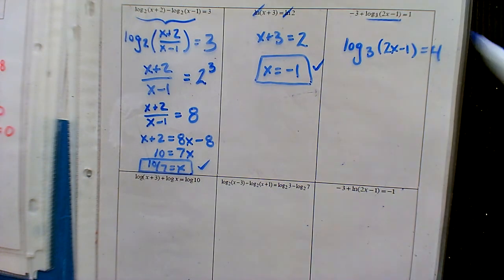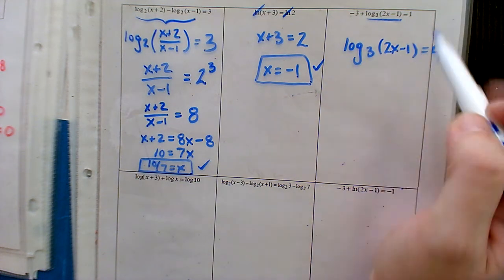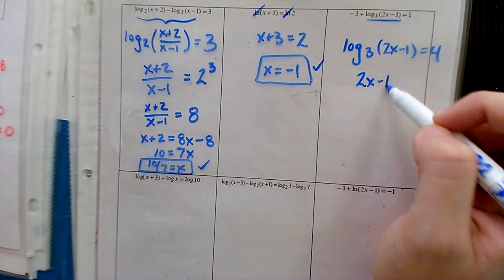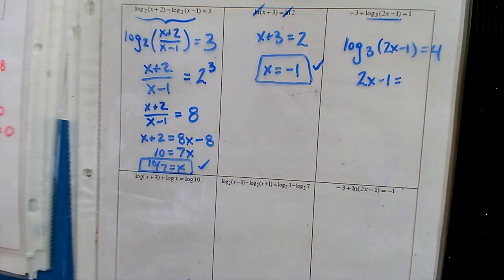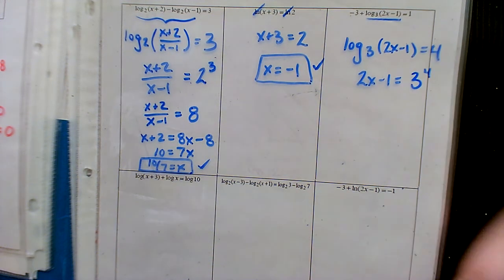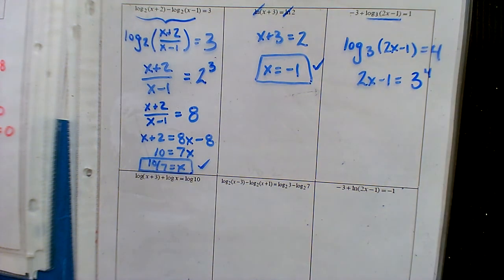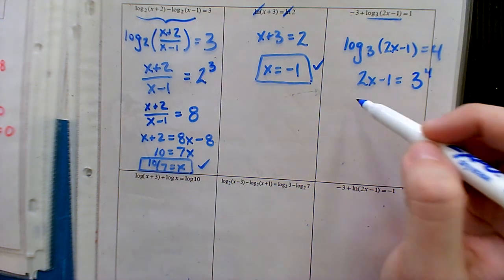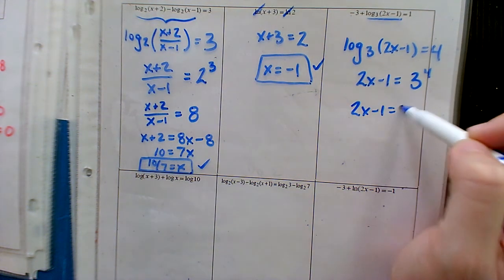If we're trying to solve for x, we want to move over the log base 3. So if we're moving a log, what does it become? 3 to the power of 4, right? It becomes an exponential. The base is 3, the power is 4. Good. So 3 to the 4th is 81.